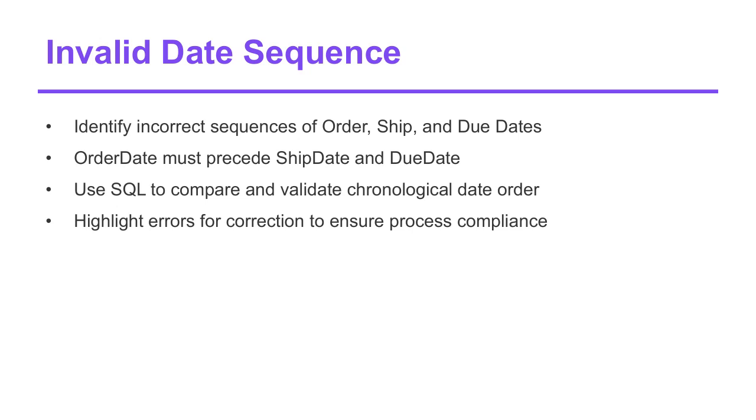When we find any discrepancies, it's important to highlight these errors so they can be corrected, ensuring that the entire process complies with the expected business rules and maintains data integrity. This step is crucial to prevent issues that could arise from impossible or illogical date sequences in the order processing workflow.